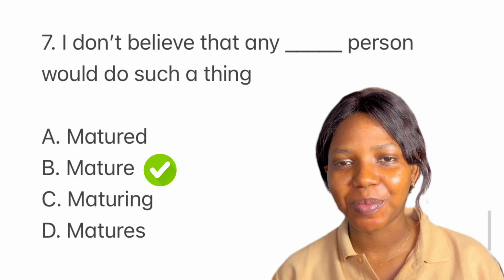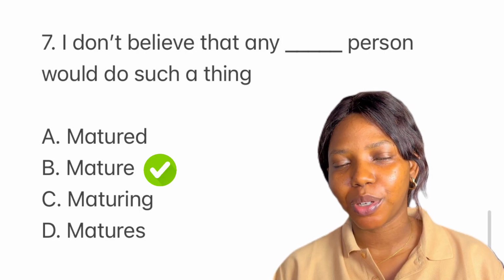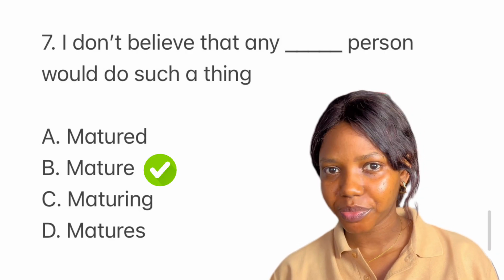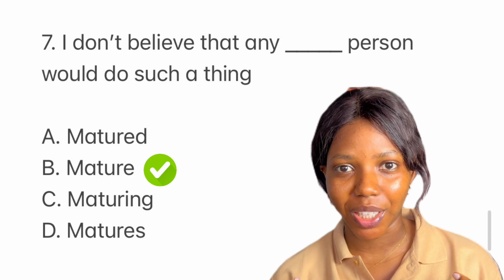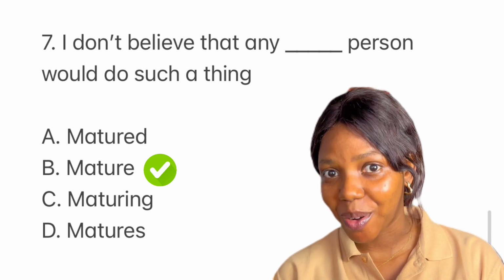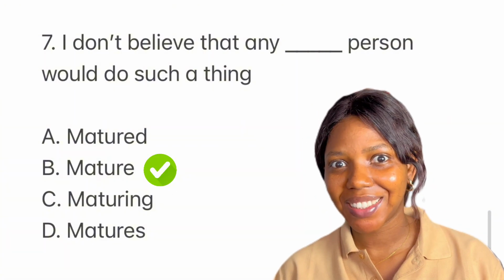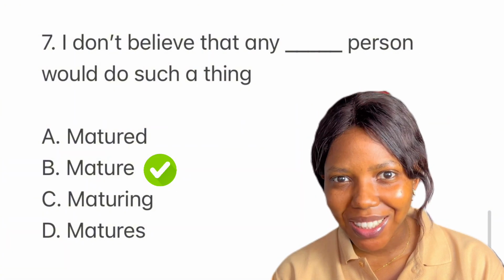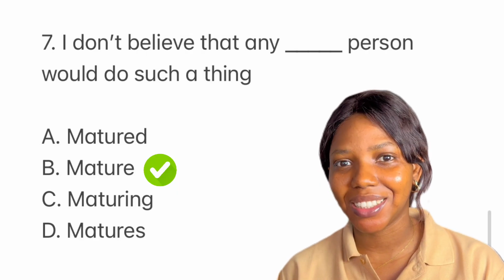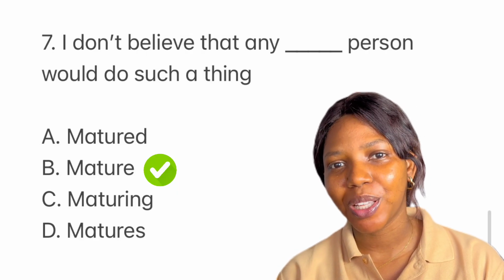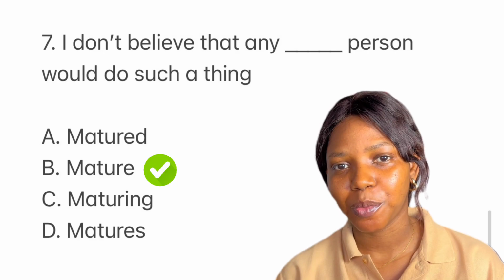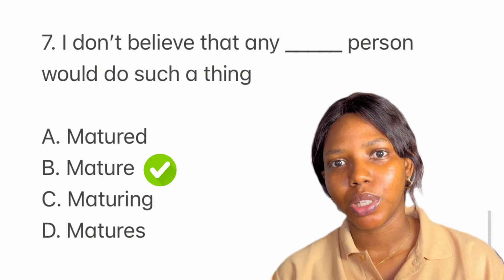Now take a look at option C. Option C is a tricky one. Now option C can function as a verb in continuous form. For example, I am maturing. Okay. It can also function as a noun, as in a gerund. For example, maturing takes time. Okay. Now finally, maturing can function as an adjective, as in a participial adjective. Now let me explain participial adjective.